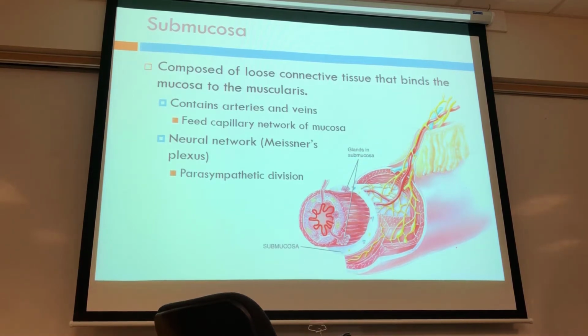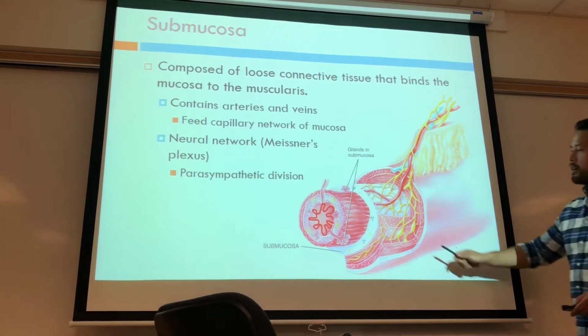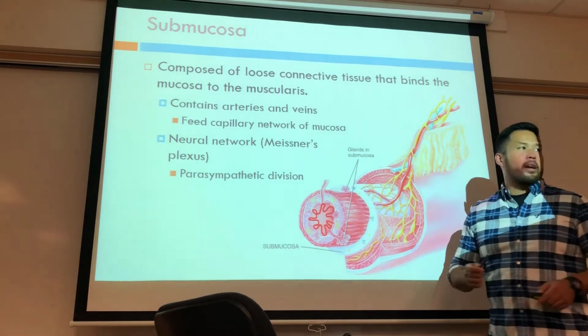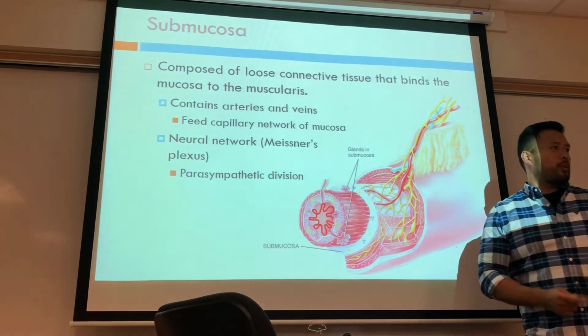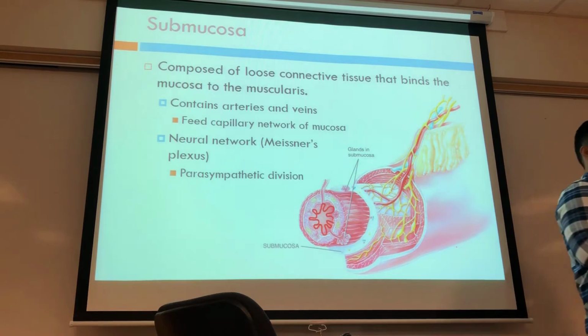Now within the submucosa, you'll see the lamina propria, which is basically the connective tissue surrounding the mucosal layer, and it's going to contain your arteries and veins that feed the capillaries embedded within the mucosal layer. Naturally, as you've learned in anatomy, when you see arteries and veins, you're also going to see nerves.